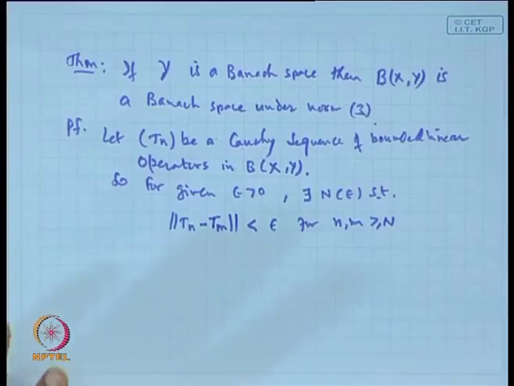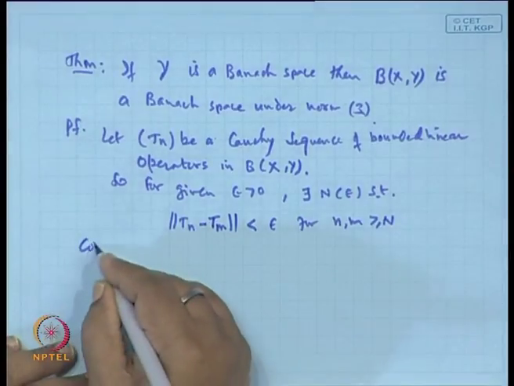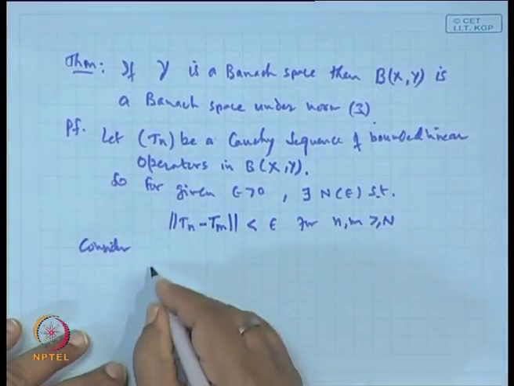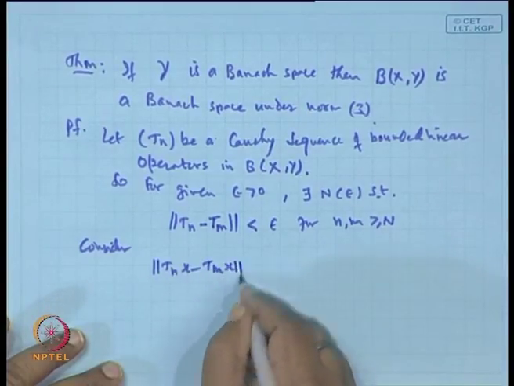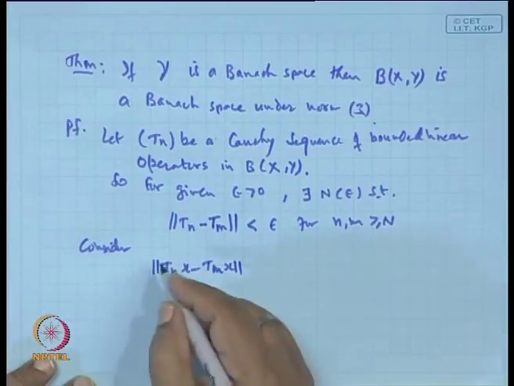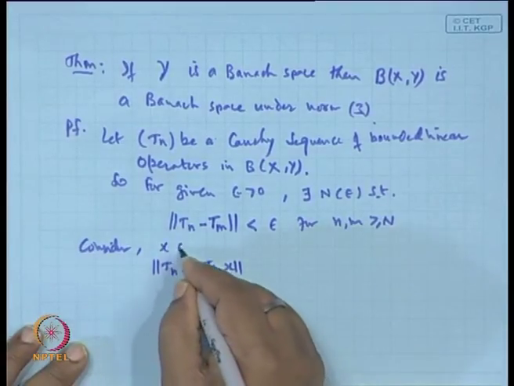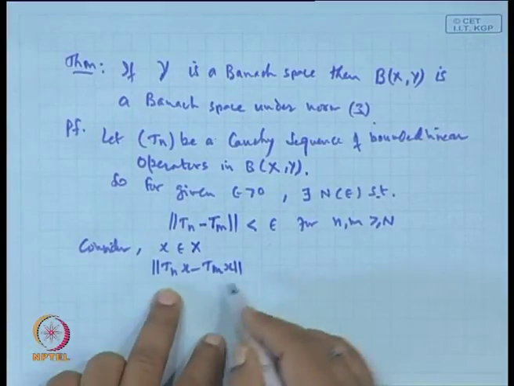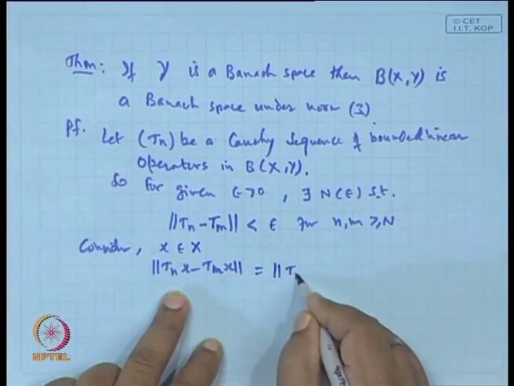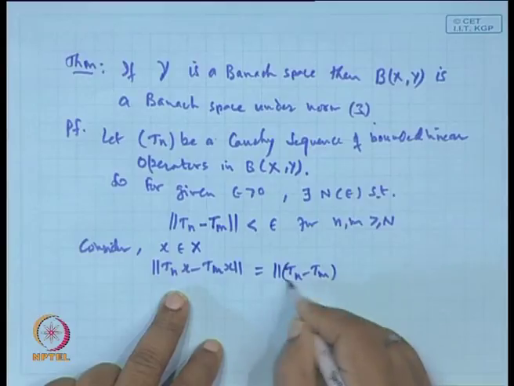Clear? So consider now the norm of T_n x minus T_m x, where x belongs to capital X. This can be written as the norm of (T_n minus T_m) x.